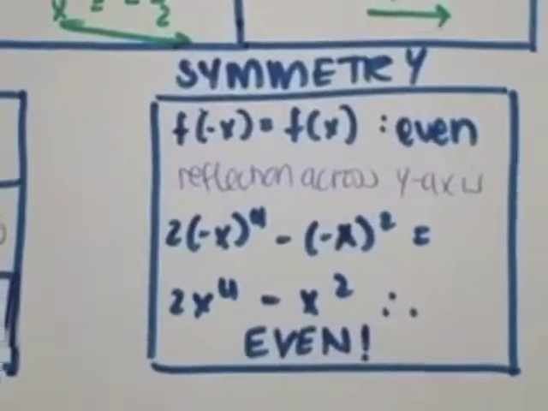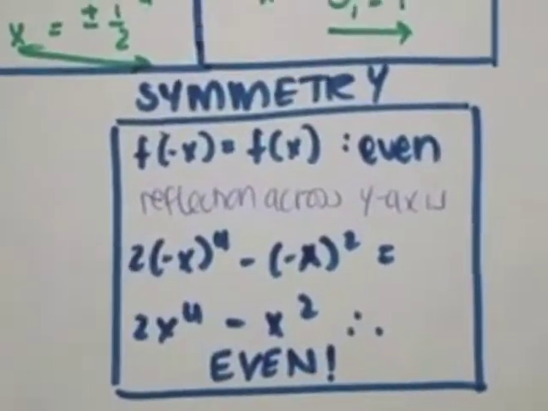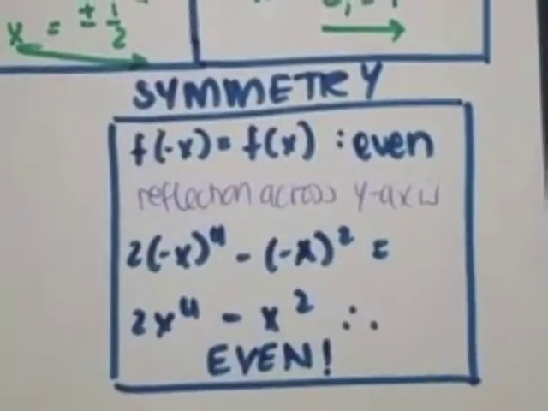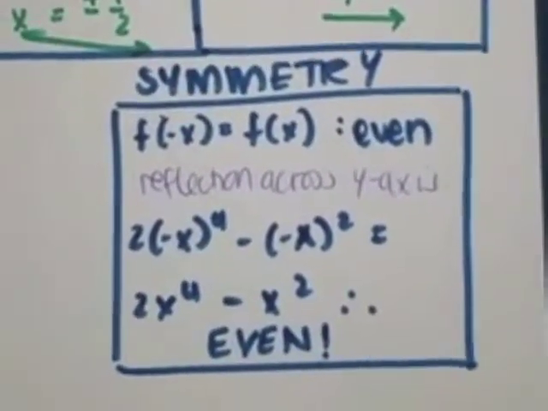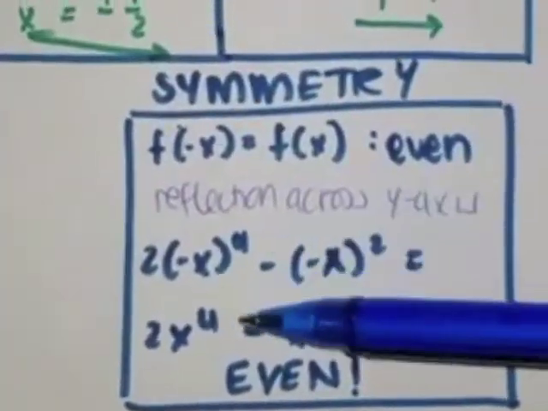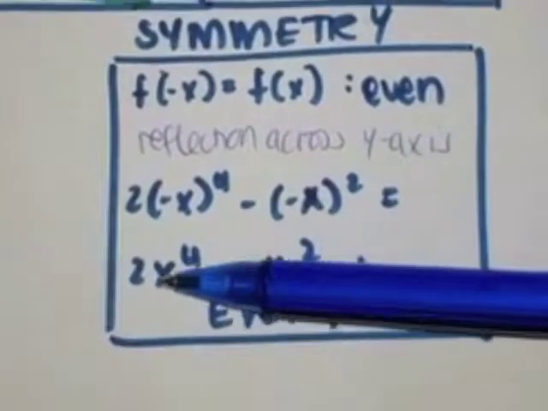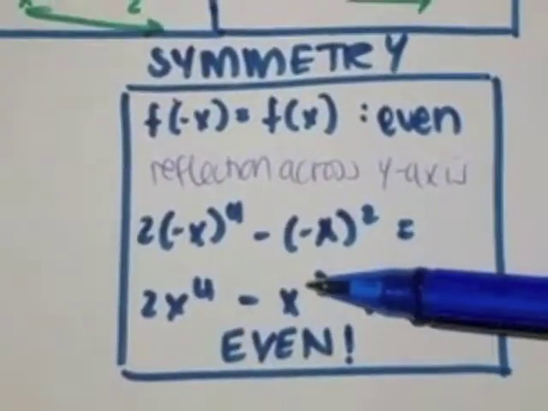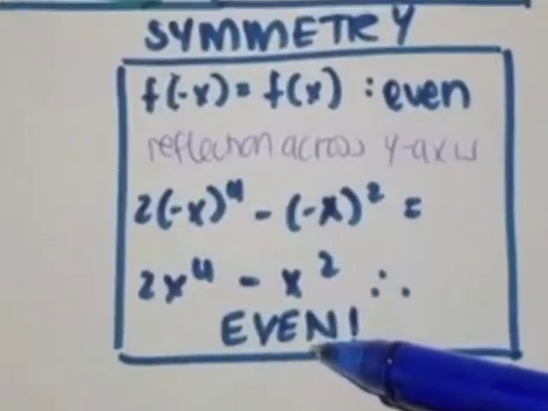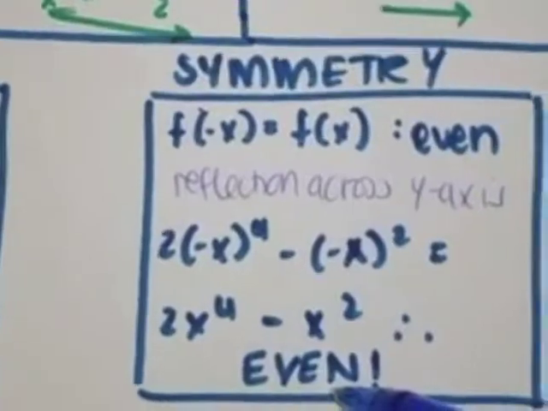If f of negative x is still f of x, it means that it's even, and if it's even, it's essentially a reflection across the y-axis. If we substitute negative x in for x, we end up with a function that is exactly the same as our original function. And this means that the function is even. So what we know about the graph is that it is essentially a reflection across the y-axis.